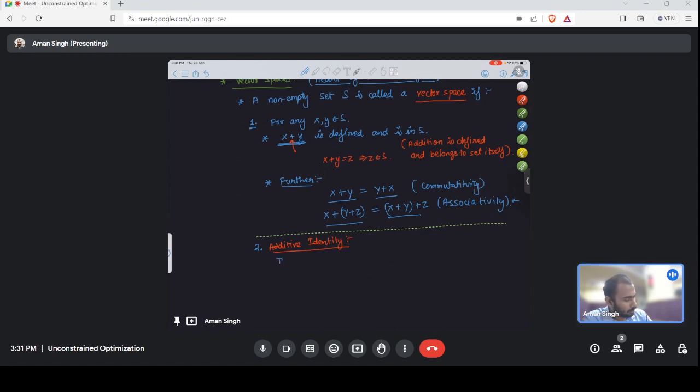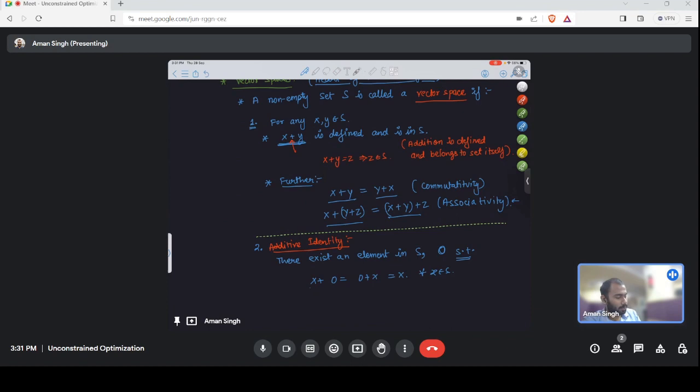There exists an element in S which is called 0 such that x plus 0 is equal to 0 plus x is equal to x for all x belonging to S. So there should be an element, we generally call it 0, in set S, such that if we do this addition operation with all the members of S, we should get that element back.